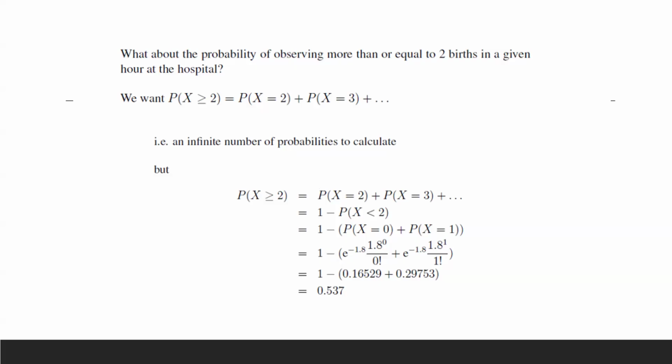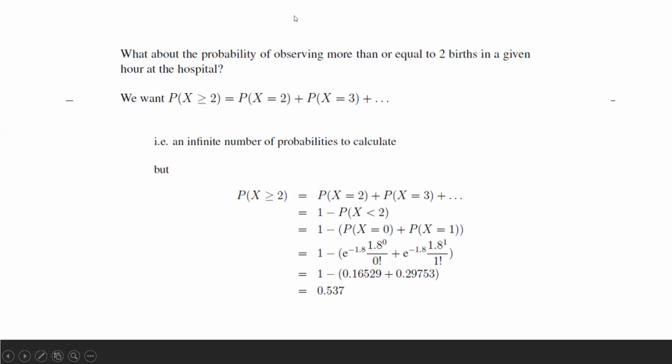Now you already know how to find the value for particular values. For particular values, you can calculate, for example, less than 2.